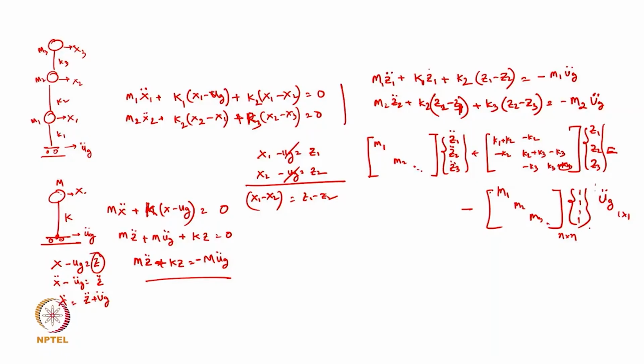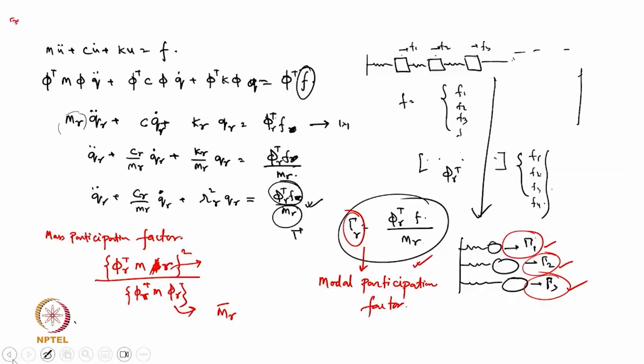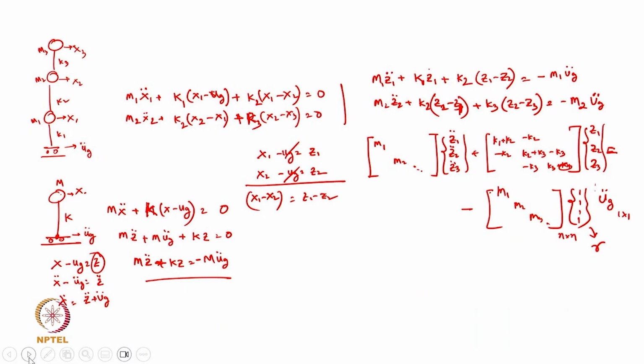This is known as R. That R, which I used earlier, if you remember, in phi R transpose M R, is this vector, completely ones. Makes sense?